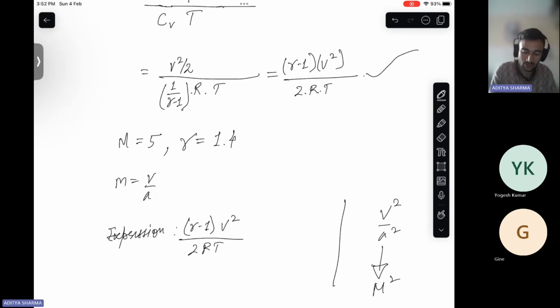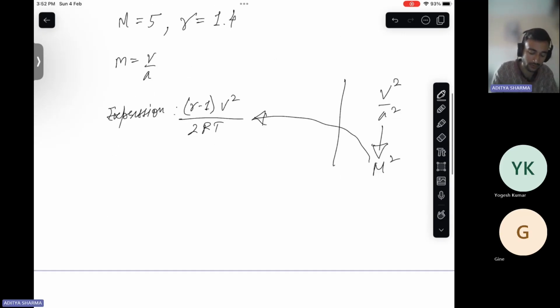So we want this here. But we also know that a is nothing but root of gamma RT. If we square both sides, a square is gamma RT.